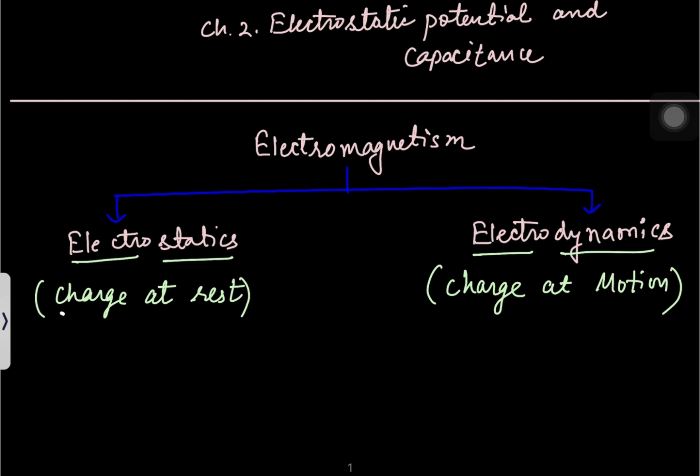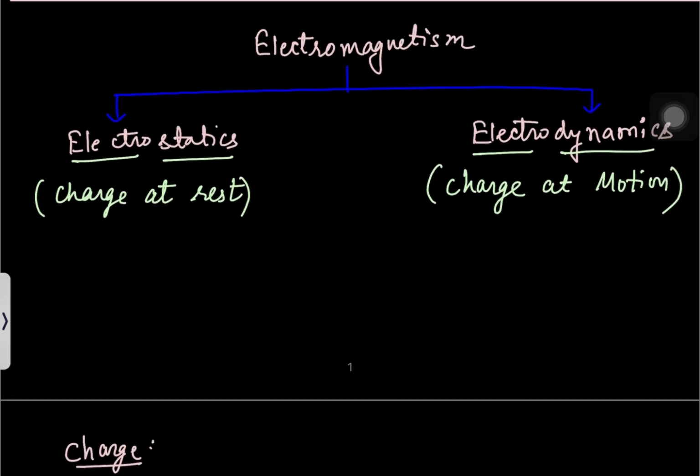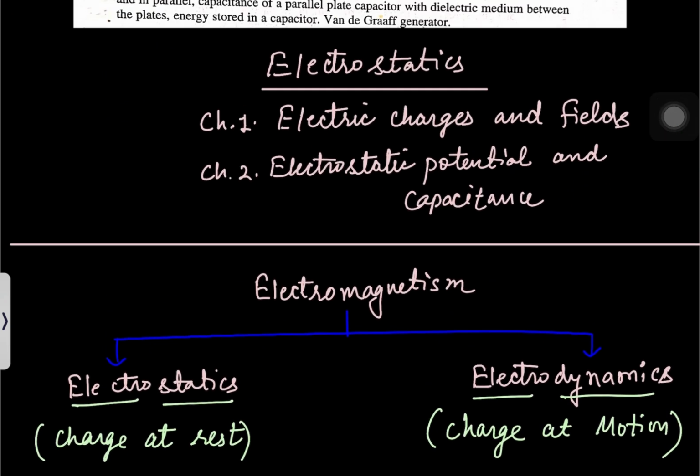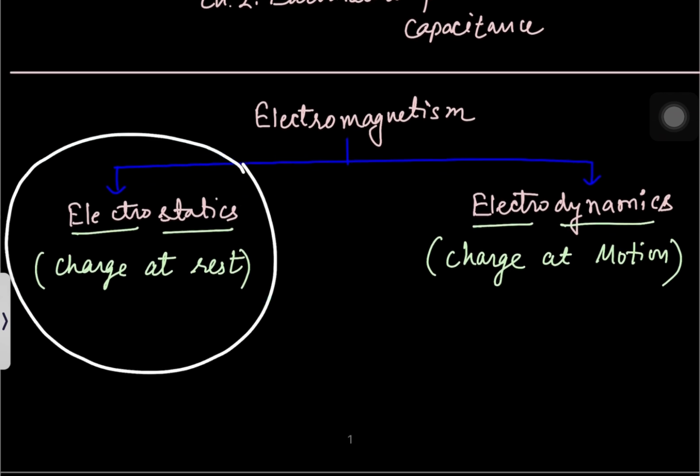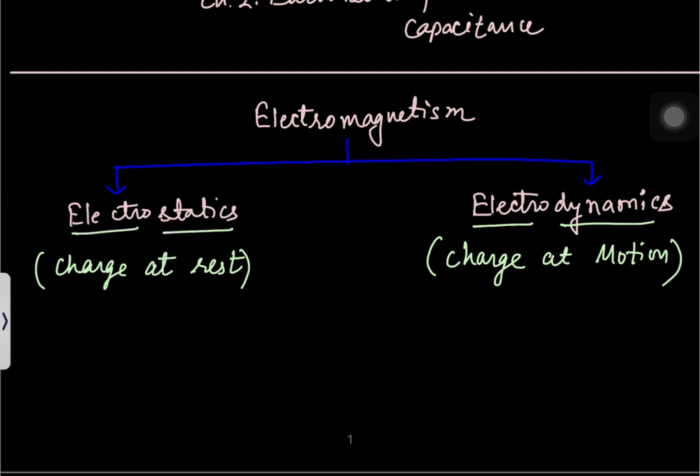Electrostatics covers the study of charges at rest and electrodynamics covers the study of charges in motion. Okay, so as our unit suggests, the electrostatics, so we will be going to cover these topics, charges at rest, electrostatics, in this particular playlist. Later we will cover electrodynamics in the upcoming videos.